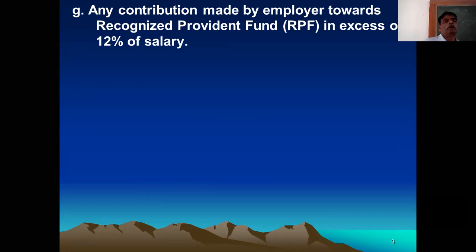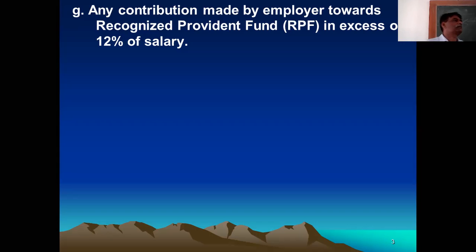If the contribution is made by the employer to the recognized provident fund in excess of 12% of salary, here salary is nothing but salary plus DA if eligible for retirement benefit. Then what is this provident fund?